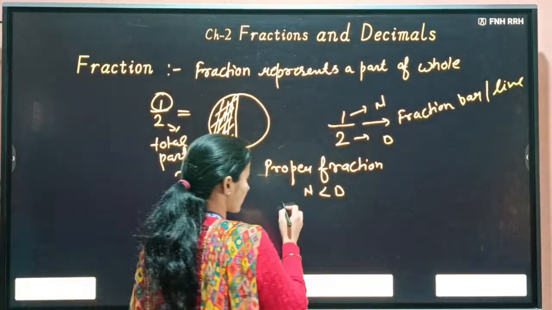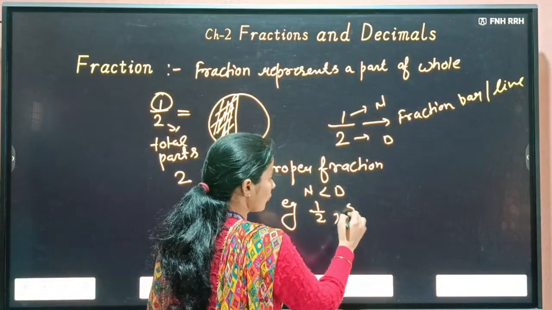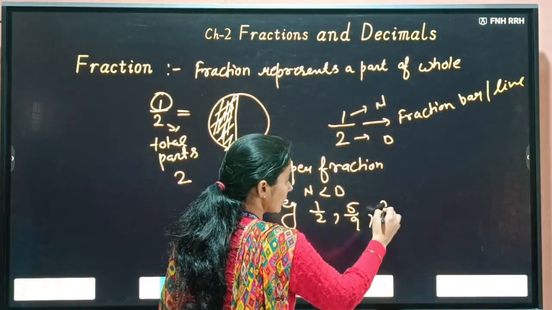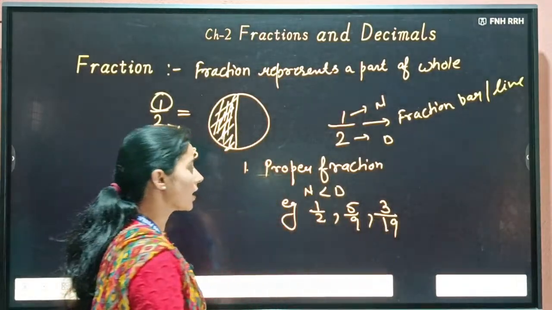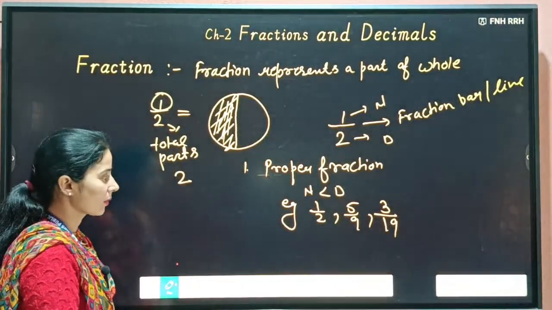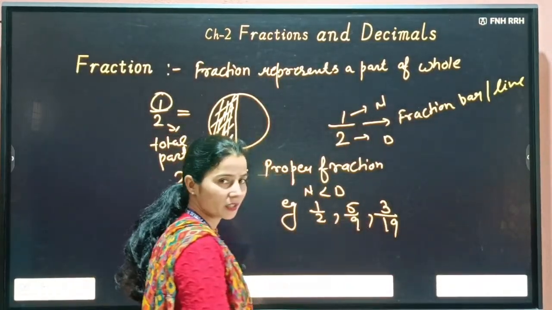Proper fraction examples are 1 by 2, 5 by 9, 3 by 19. These are all proper fractions, because their numerators are smaller than their denominators.